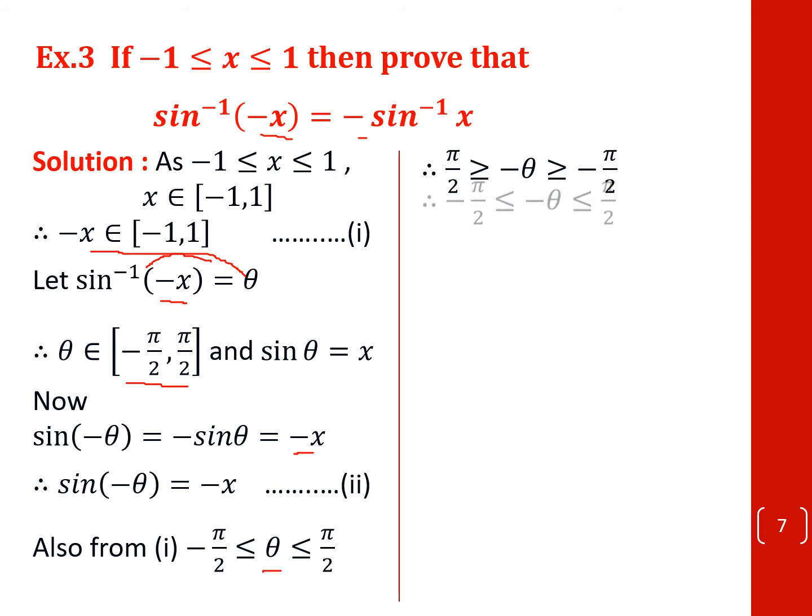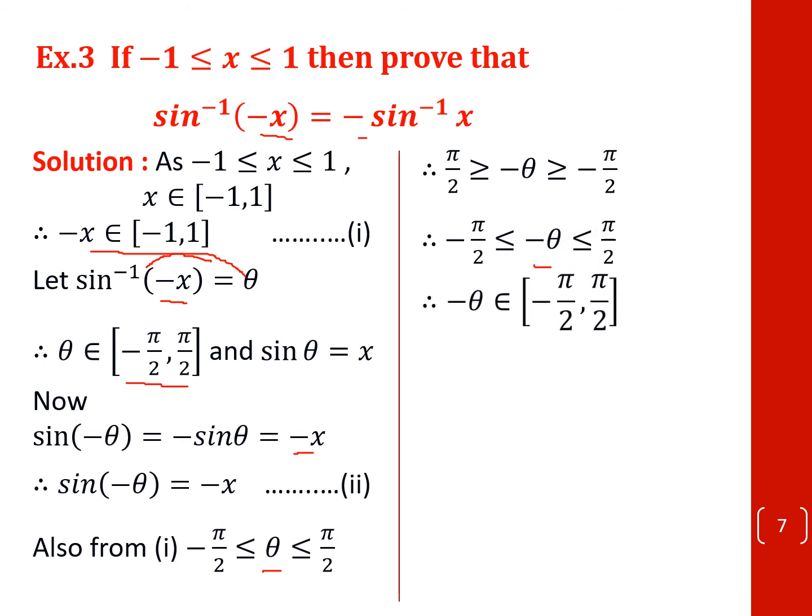So, we'll rewrite it as minus pi by 2 less than or equal to minus theta is less than or equal to pi by 2. Means minus theta also belongs to closed interval minus pi by 2 to pi by 2, which satisfies our principal value branch of sine inverse. Call it equation 3.